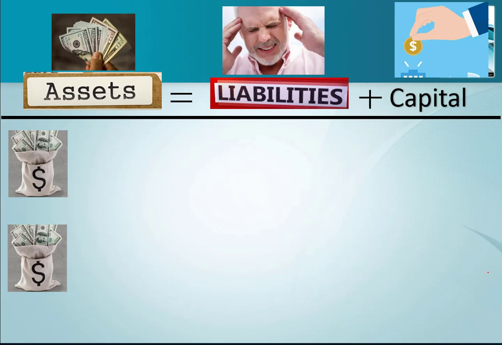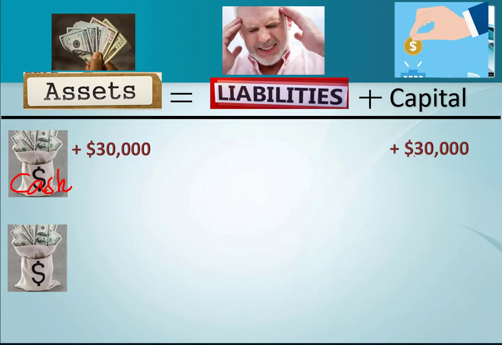You contribute a sum of cash, for example, 30,000, to the business. Now your business has an asset. What is the asset? The asset is cash, 30,000. And this 30,000 comes from your contribution, the owner's contribution.